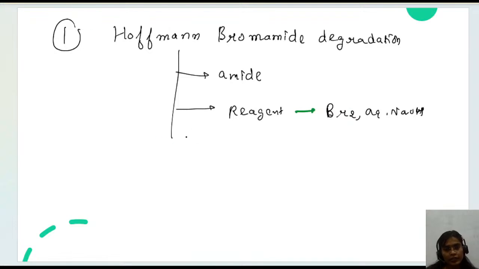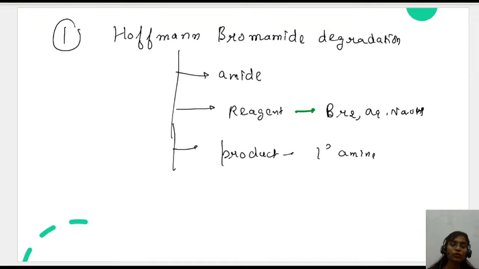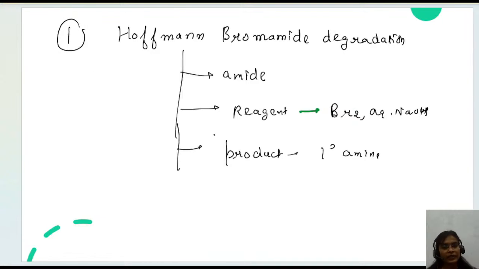The product is the primary amine only, same as in the Gabriel phthalimide synthesis. Later we will discuss the tests, such as the carbonyl test. So: amide, reagent, product, primary amine.